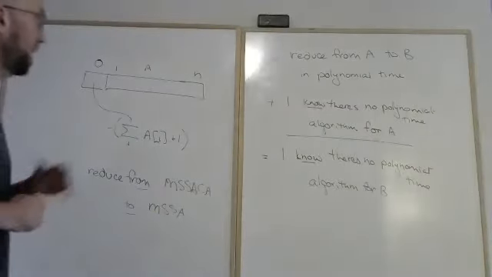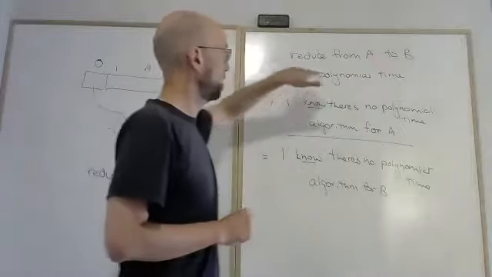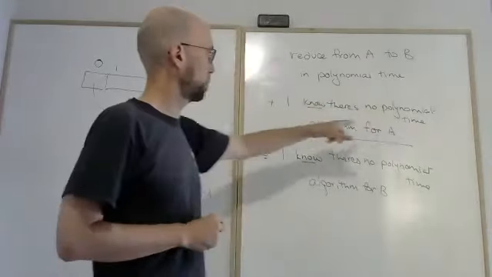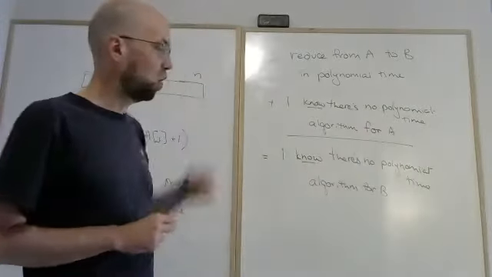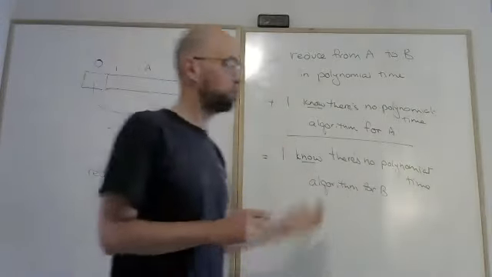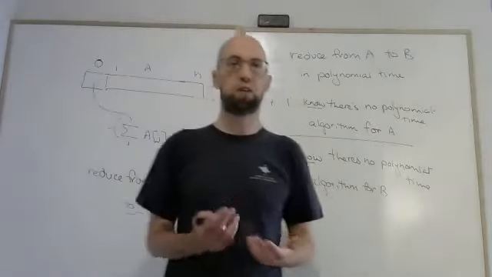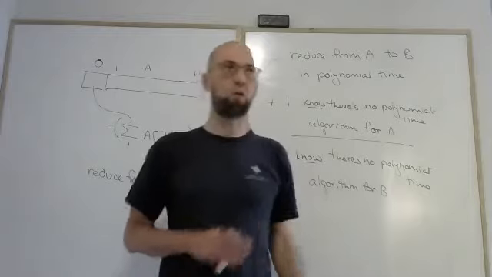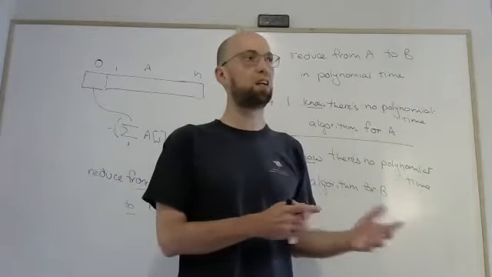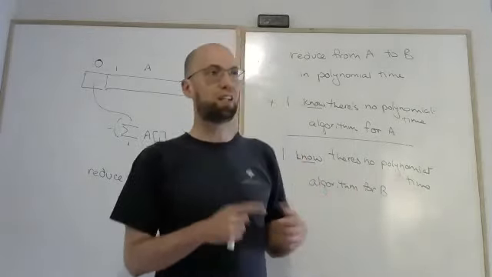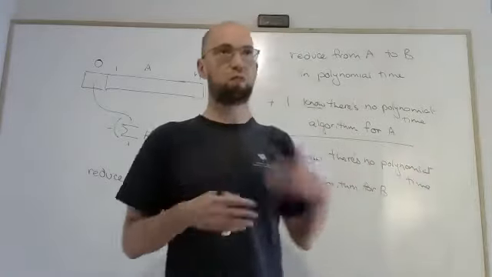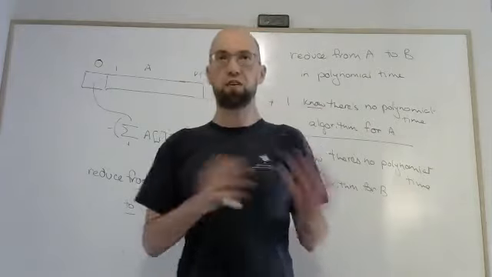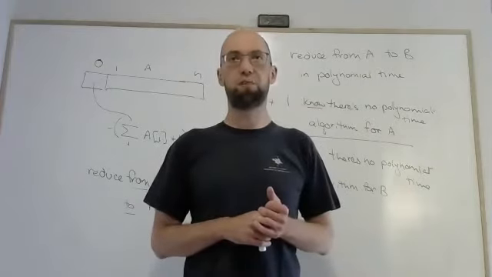So suppose I can reduce from A to B in polynomial time. I know there's no polynomial time algorithm for A. Then I know there's no polynomial time algorithm for B. Because if there were a polynomial time algorithm for B, then it would give me a polynomial time algorithm for A. I'm given an instance of A. In polynomial time, I convert it into an instance of B. Then I solve the instance of B in polynomial time.